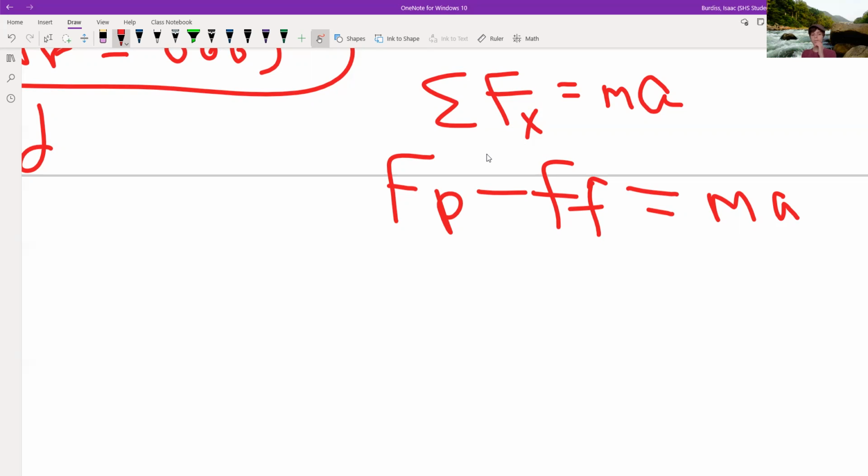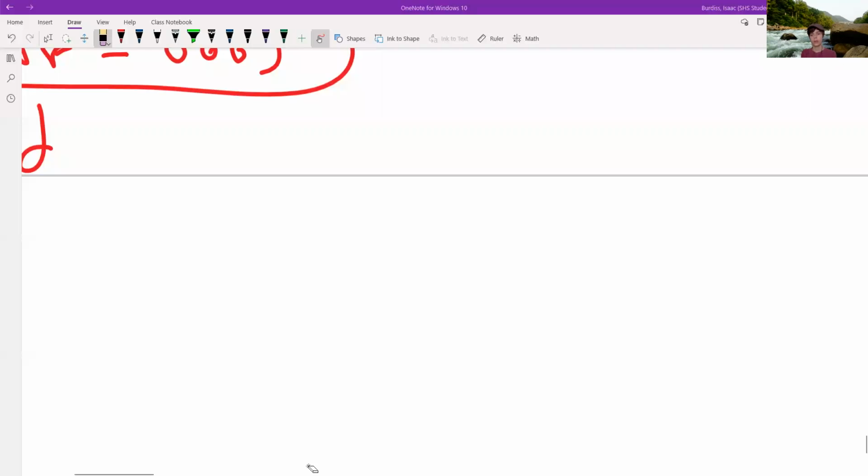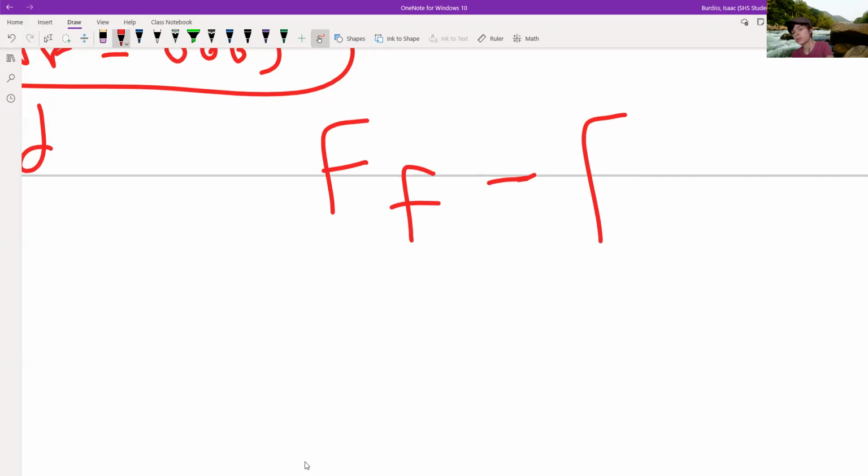Hang on a second. Okay, sorry. So we need to do the friction force minus the x component of the applied force, because you can't just have the friction force, because remember the friction force is based on the normal force.